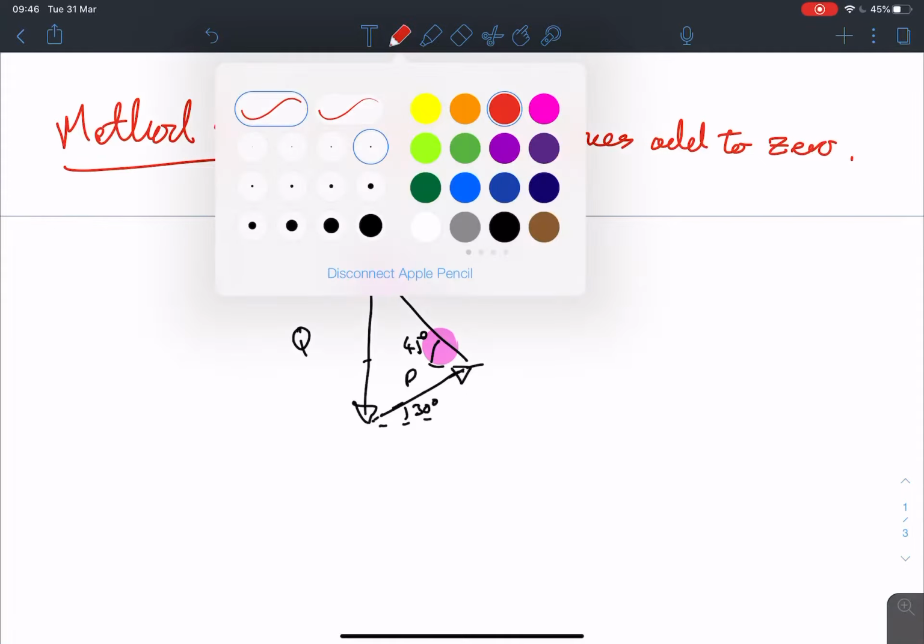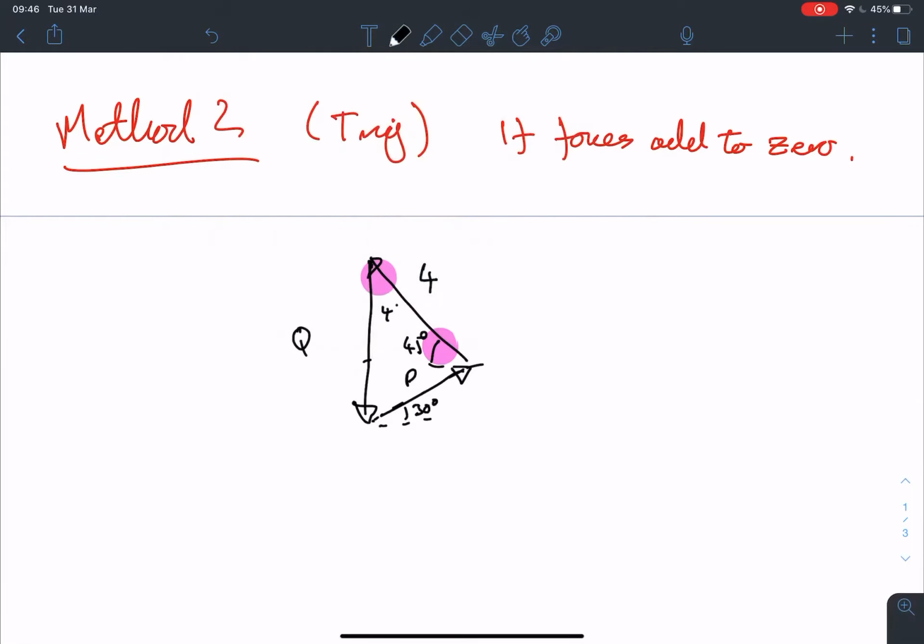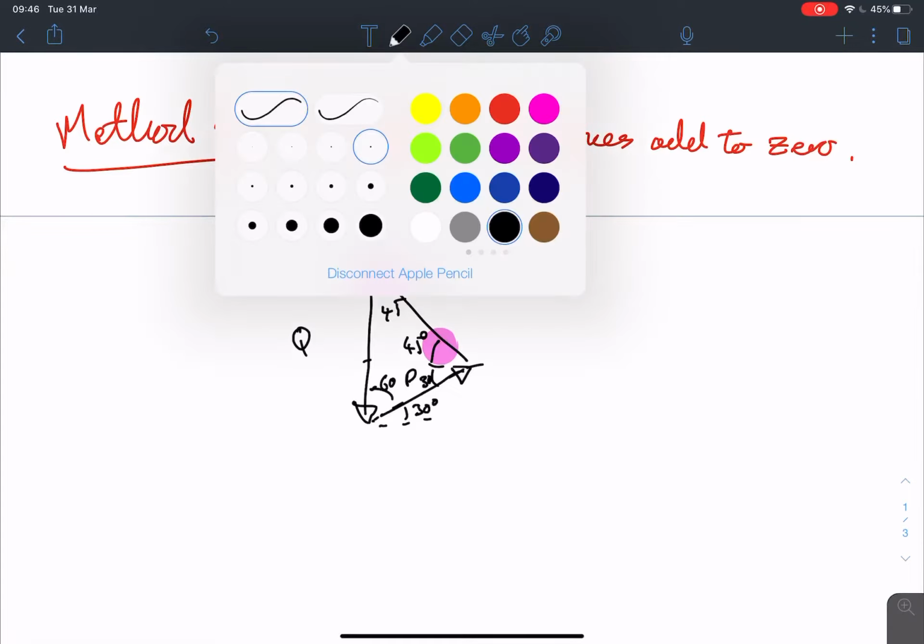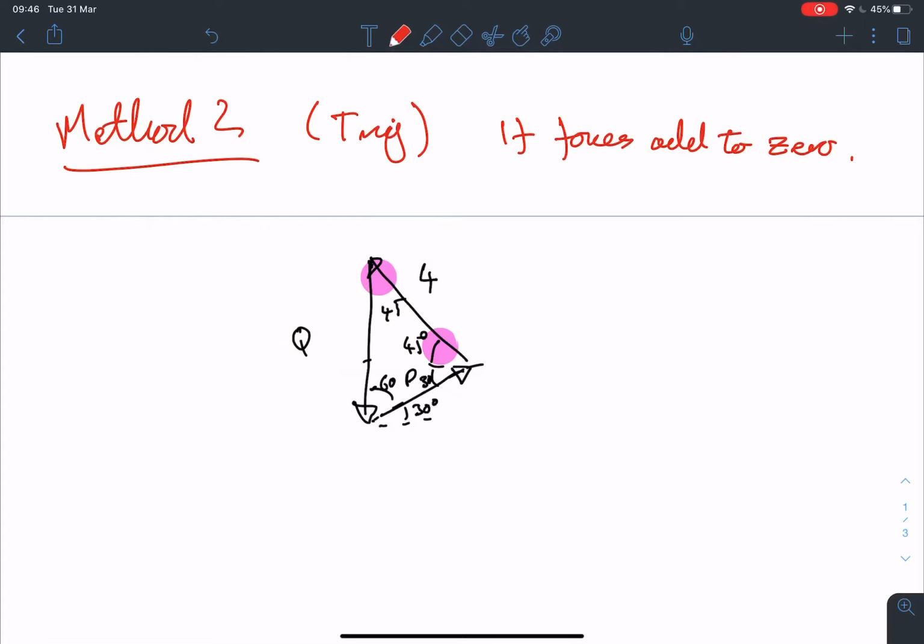So that angle up there must be 45. That's 30. This is vertical. That must be 60. And that bit in there is also 45. So we've got a non-right angled triangle.